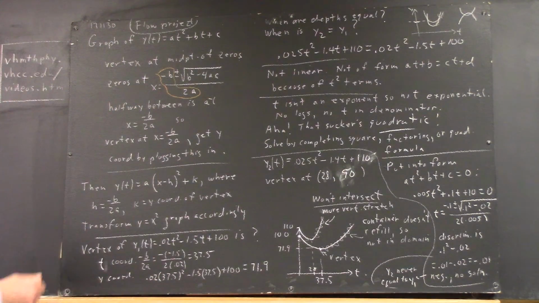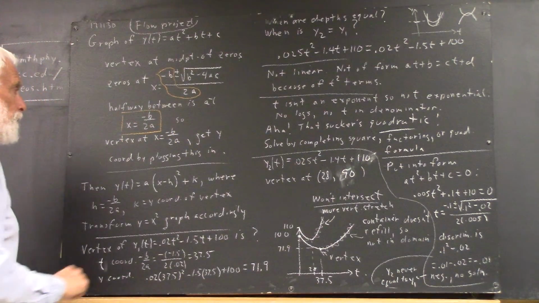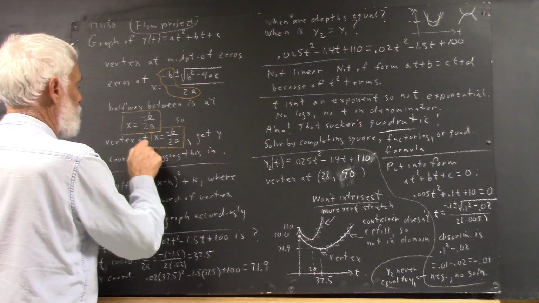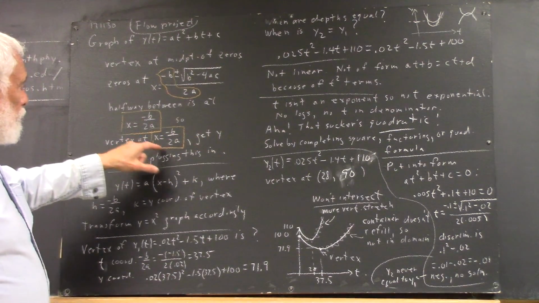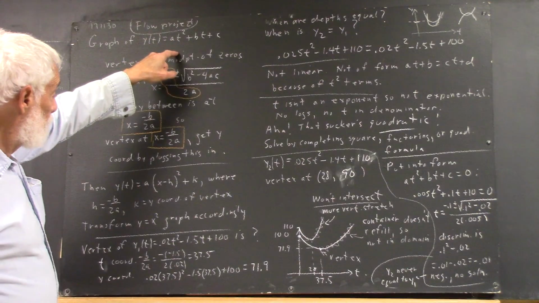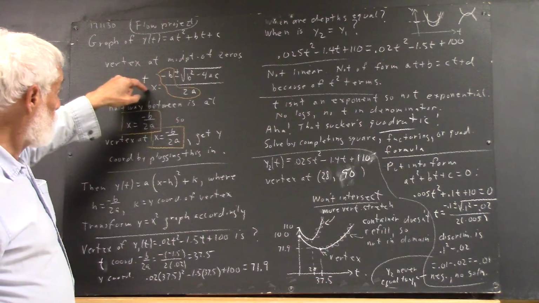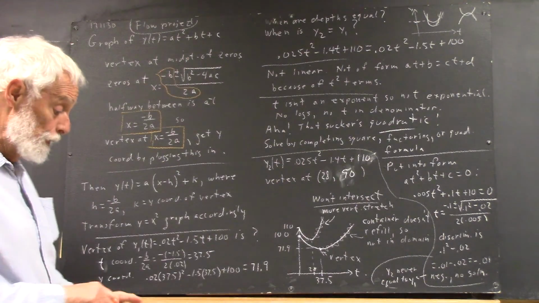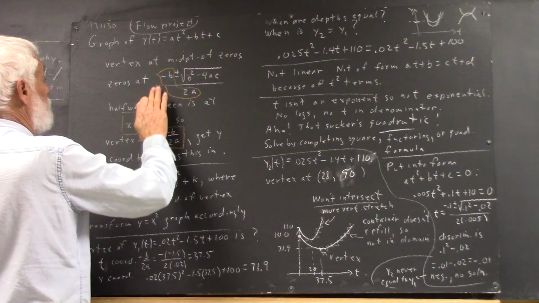Okay, so right here is that position. So the vertex is at this x position, and we get the y coordinate by plugging this into the function. Okay, now I'm using x here and I've got t here. I wanted to use x because that's the way we remember the quadratic formula if we're working from memory.